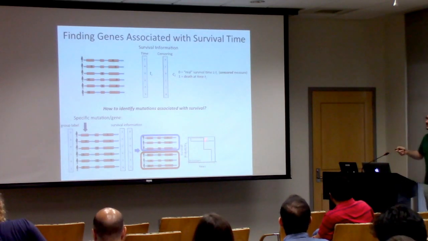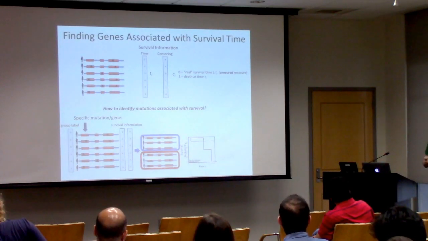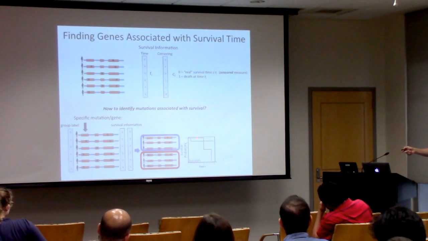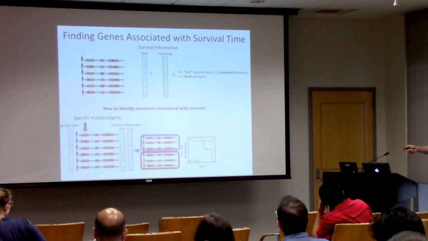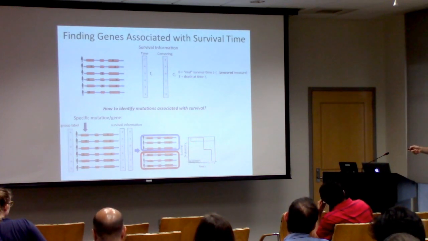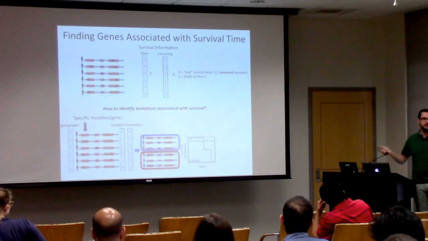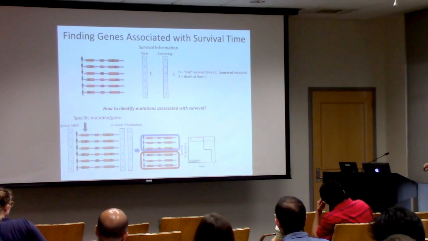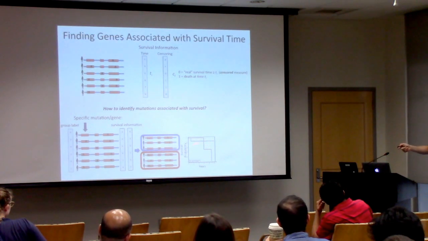And then I can use standard tools from survival analysis to estimate the survival probability for these two groups. It could be, for example, the curve in blue for the blue group and the curve in red for the red group. These are Kaplan-Meier plots, if you have ever seen them. Then I want to understand if the observed difference in survival for the two groups is significant or not.